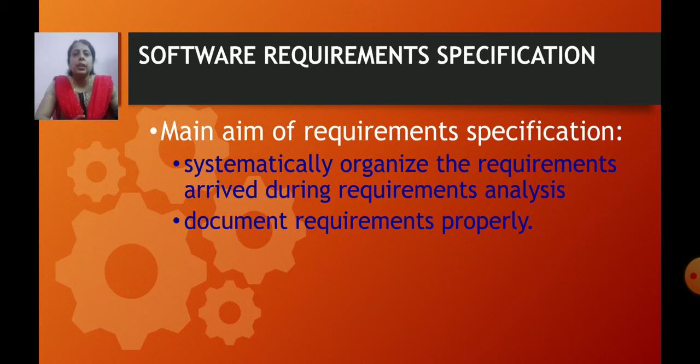After gathering the information from the customer and removing the inconsistencies, anomalies, etc., the software analyst writes it down in an organized, planned manner. They document it properly and the document is known as software requirement specification.